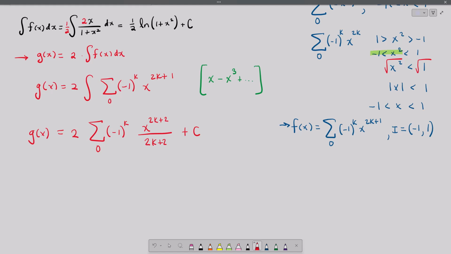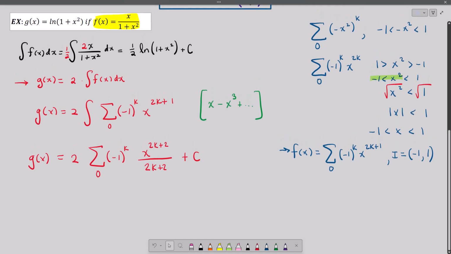Couple things left. Let's first resolve this constant. So when we look at g, what is g of 0 if we look at the function? 0, right? If we plug in a 0 over here, we get natural log of 1 plus 0, which is natural log of 1, which is 0. So let's resolve this constant.